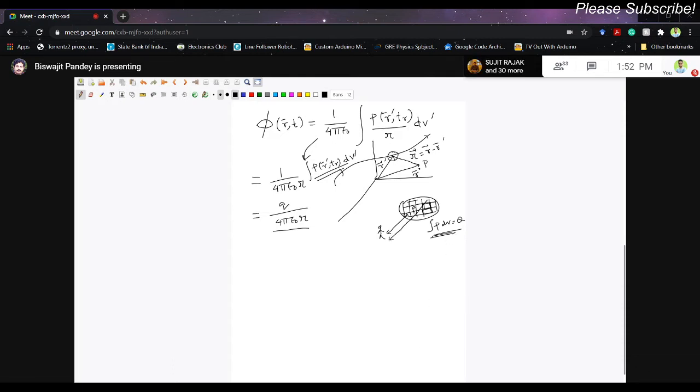So information coming from this volume element and this volume element are from different instants of time. That means we cannot expect this to be exactly equal to q. If we integrate rho dv, we should not expect it to be q, because the information is from different instants.